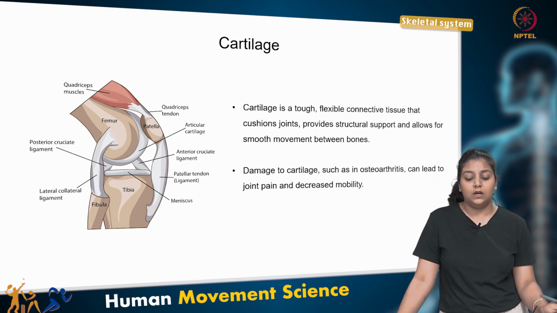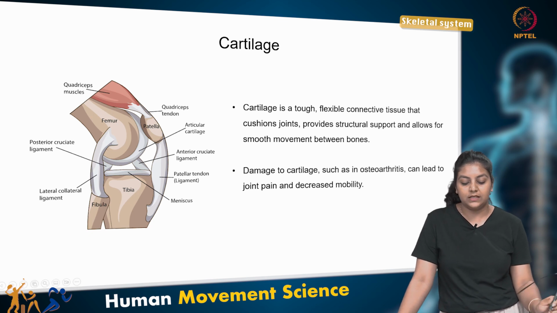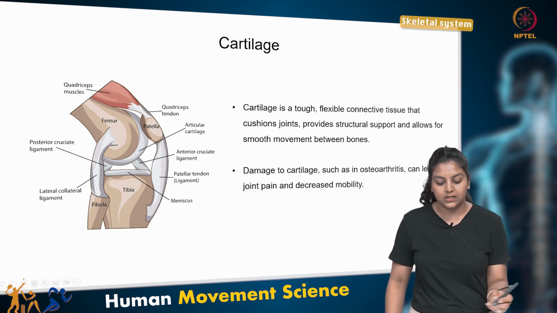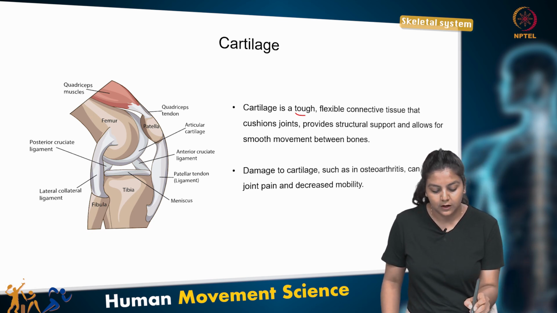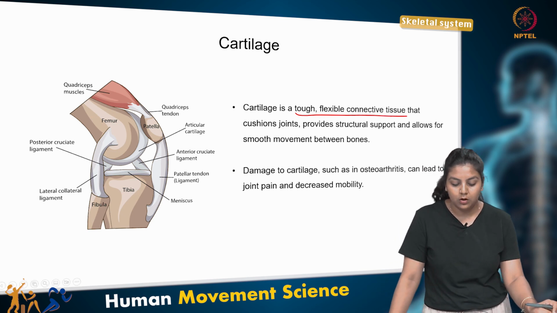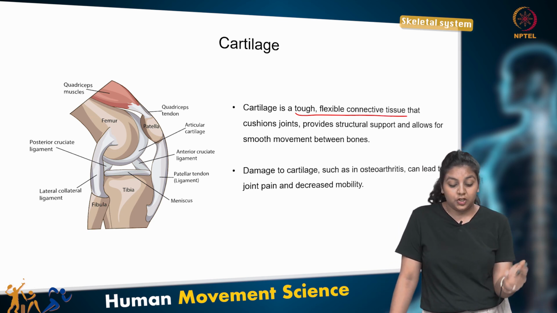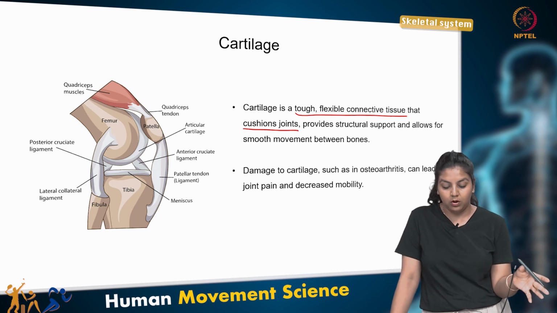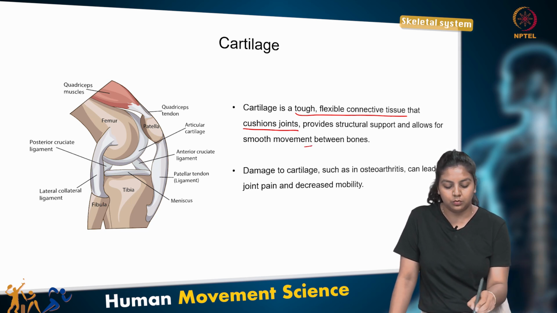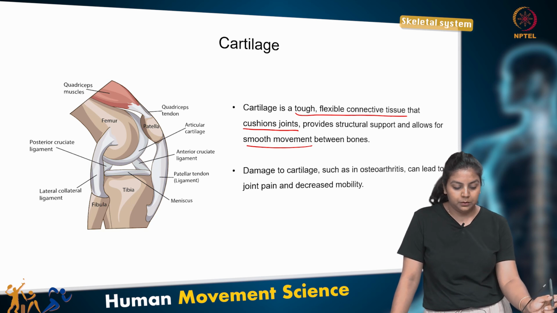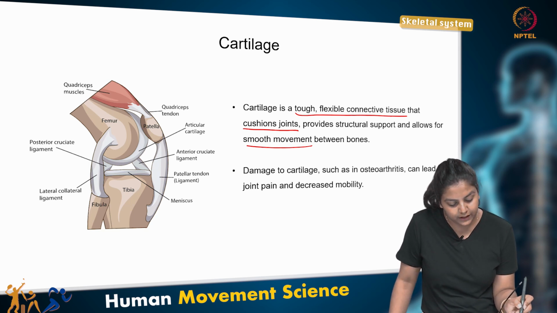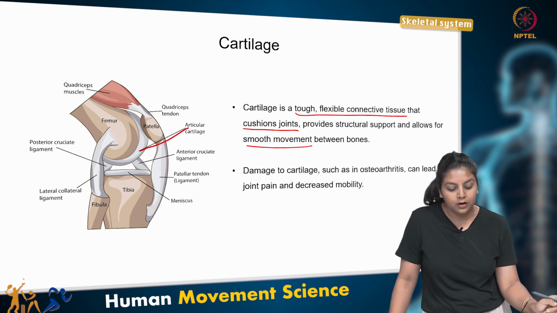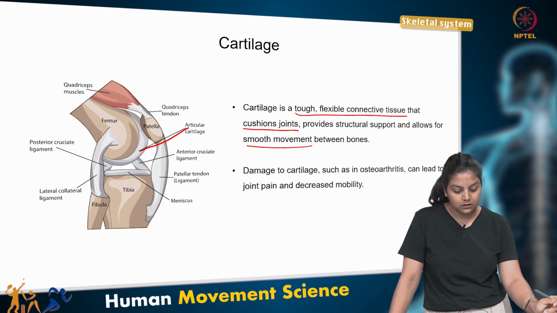Another skeletal structure that we finally come to is the cartilage. Cartilage is a very tough, flexible connective tissue, and its main function is to cushion the joints. It provides structural support and also allows for smooth movement between the bones. For example, here you have your articular cartilage.